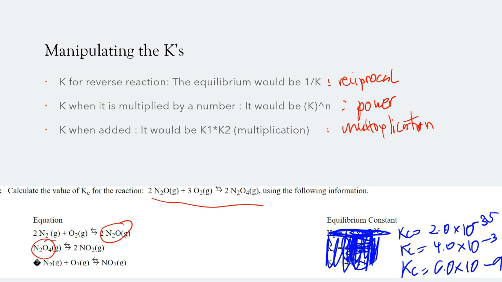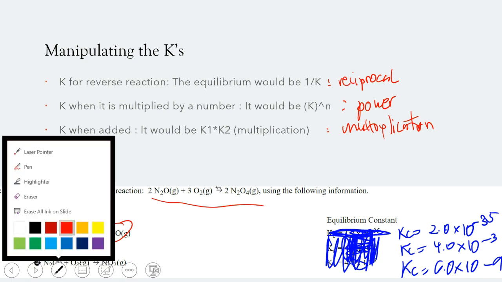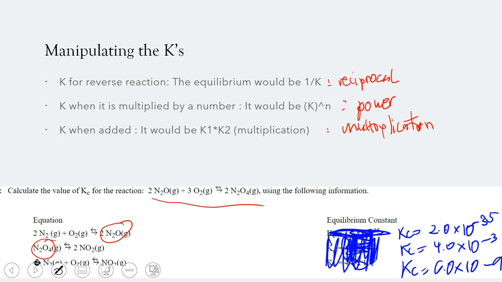All right, so what else are we doing here? Also in here, I'm going to use a purple. Also my O2, it's going to be multiplied by 3.